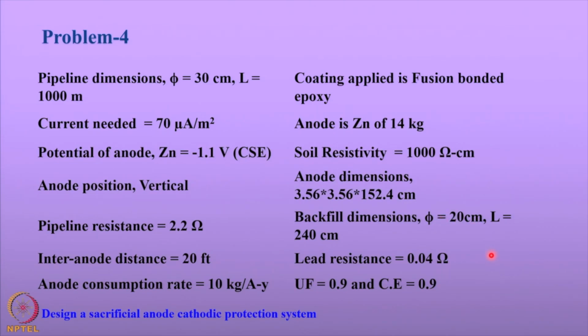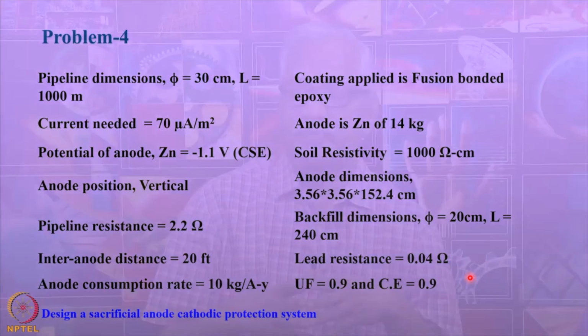The leads used for establishing the sacrificial anode cathodic protection system have a resistance of 0.04 ohms. And you all know that whatever anode that you are going to give, not all of it is consumed. We may have to discard the anode after certain dissolution.